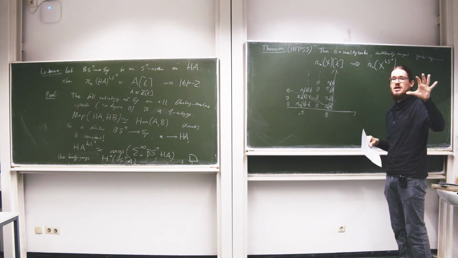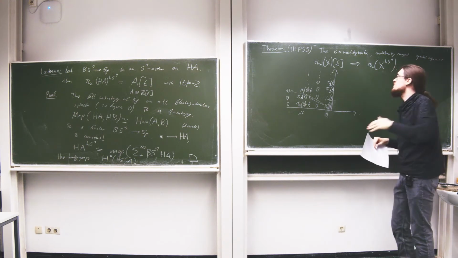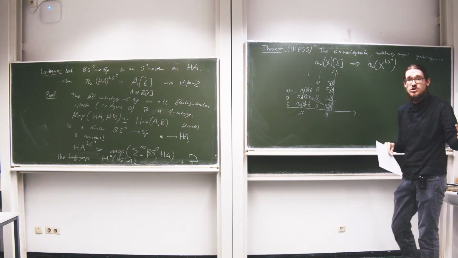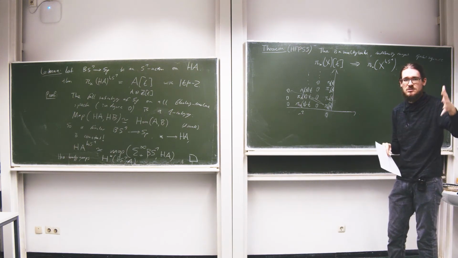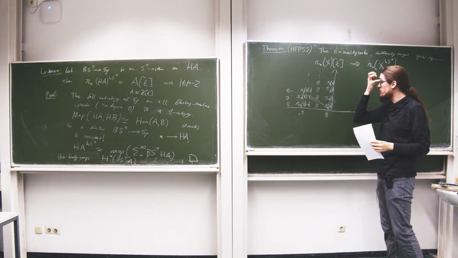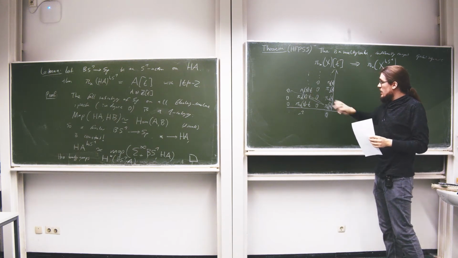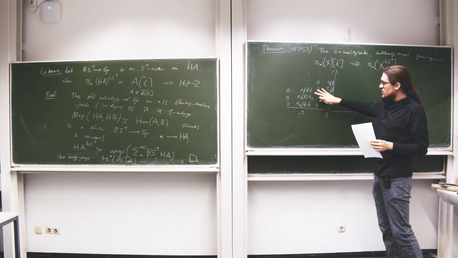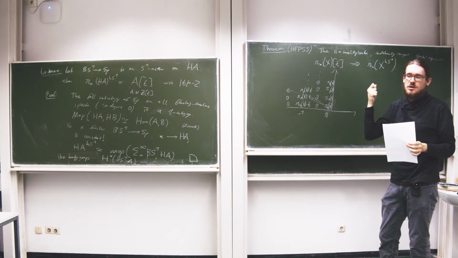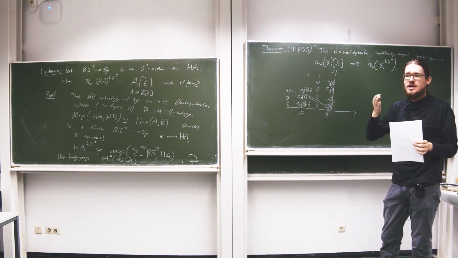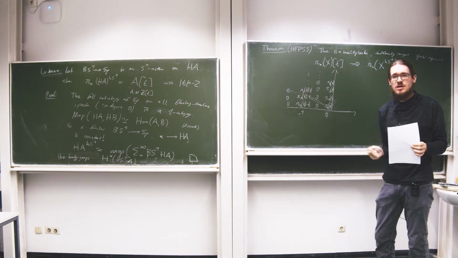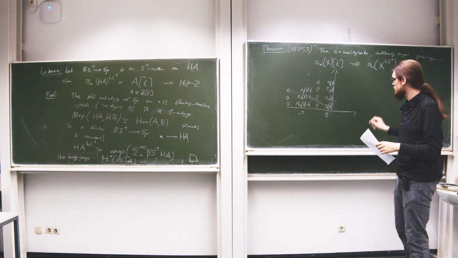The E infinity page is the associated graded of a suitable filtration on this guy. And the statement is then that the filtration is multiplicative, and on associated graded, it's compatible with the product structure on the E infinity page. And the product structures on the different pages are related by the fact that the differentials are derivations, and thus they induce a product structure on the next page, on the homology.